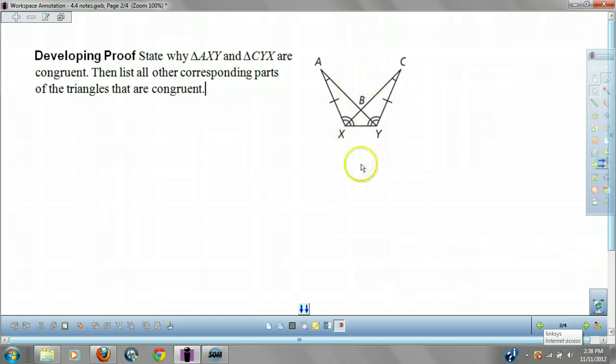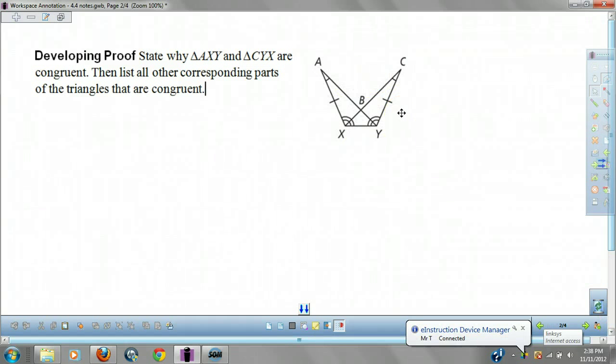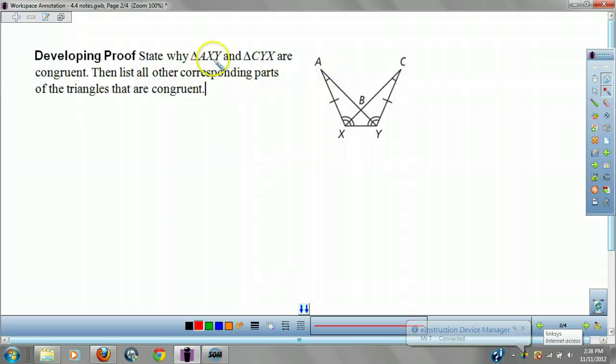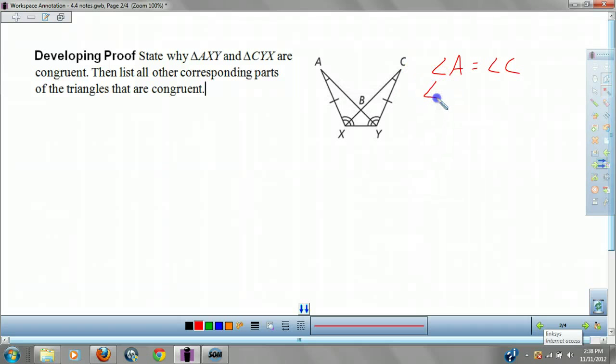So this is going to be a little bit trickier because this picture has overlapping triangles, which always makes it a little bit difficult to see what's going on. So triangle AXY and CYX. I can see angle A is congruent to angle C because they have the mark. And I can see angle AXY is congruent to angle CYX, because it's marked.